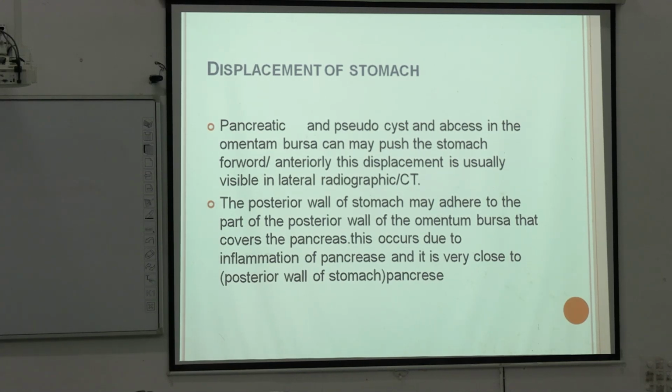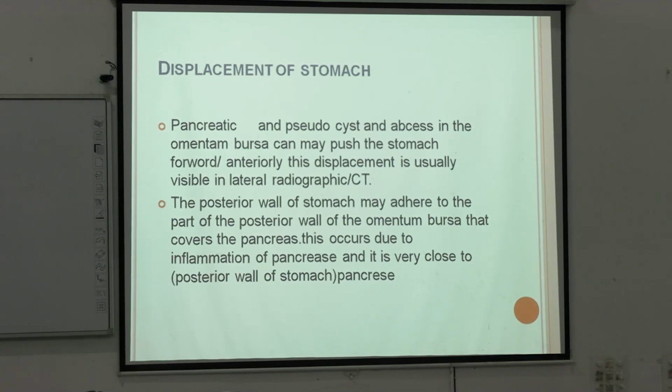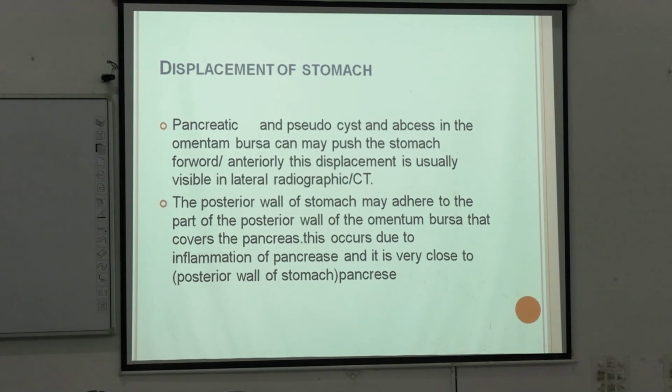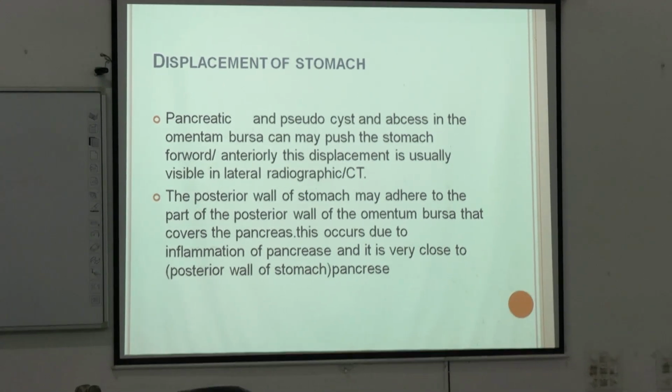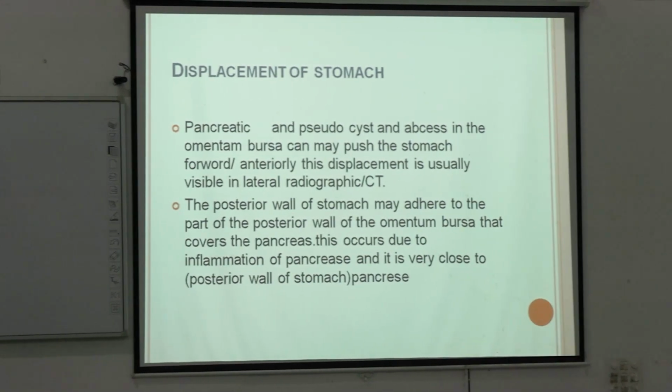You do a radiographic examination first because CT will take some time, and then try to diagnose, evaluate, and accordingly you send for CT of the abdomen. Now, the posterior wall of the stomach may adhere to the part of the posterior wall of the omental bursa that covers the pancreas. This occurs due to inflammation of the pancreas, which is very close to the posterior wall of the stomach.